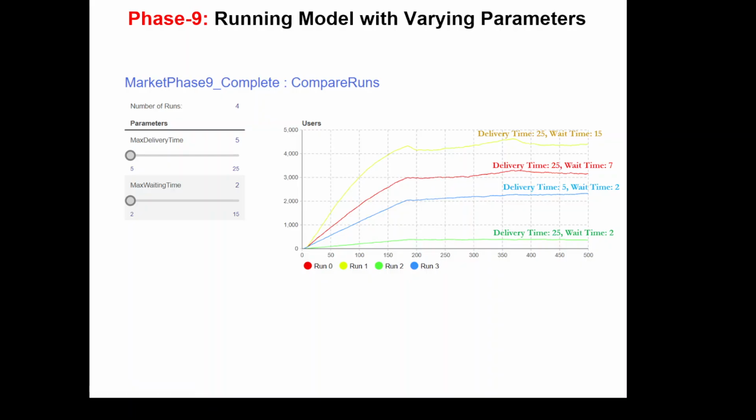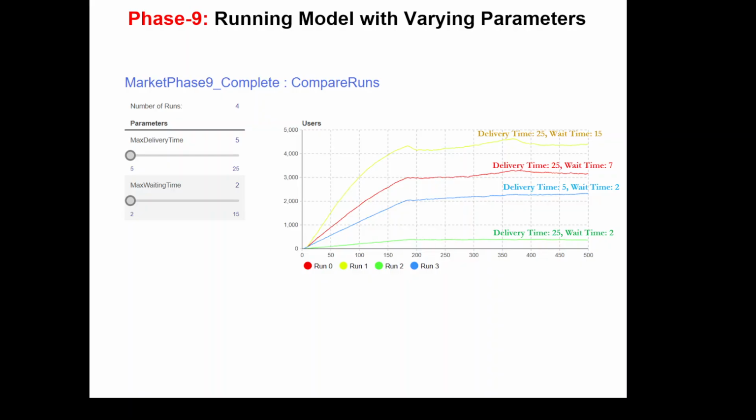I have plotted a graph here, so when we assign different values to delivery time and wait time, the product adoption process follows a different curve. Okay, so that's all for our agent-based modeling of the market simulation.